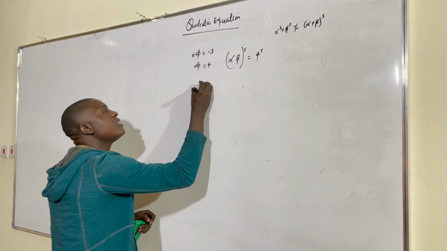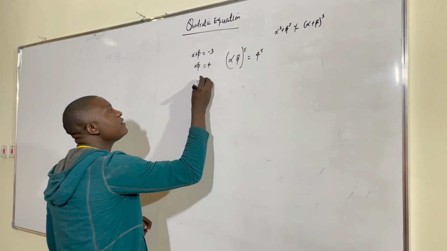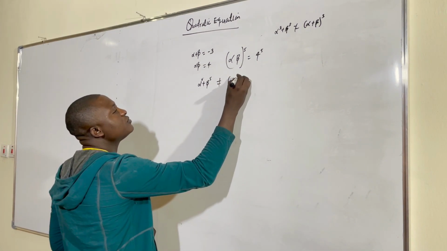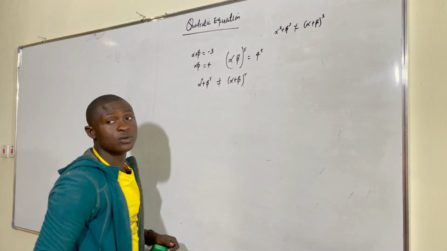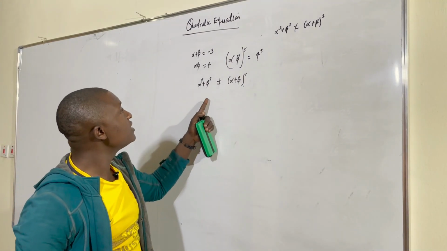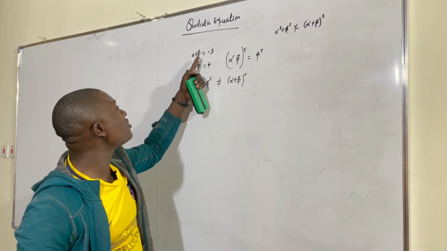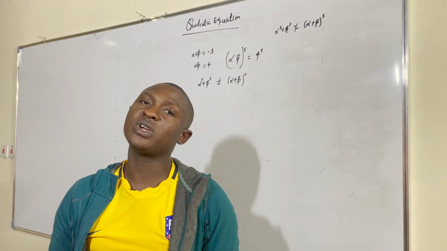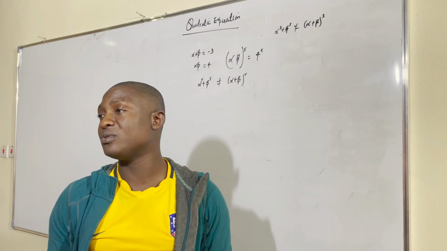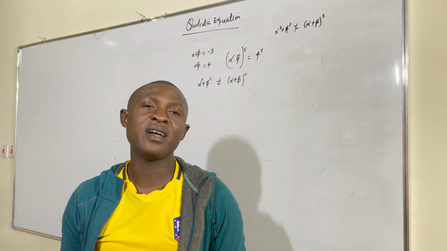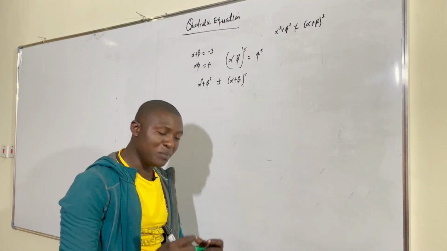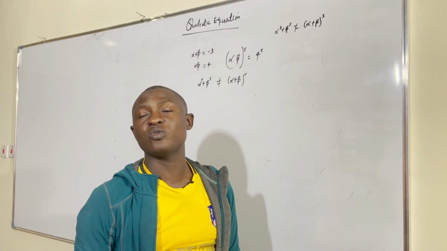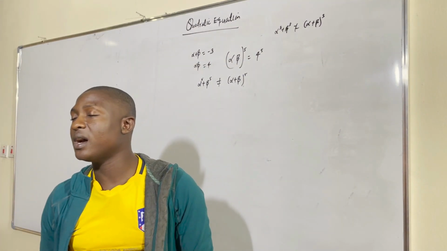But in the case of alpha 5 plus beta 5, please, it's not the same thing as alpha plus beta all to the power of 5. No. This is not the same thing. If you mistakenly put your alpha plus beta, which is minus 3, and raise it to the fifth, automatically you are going to get another problem. That will lead to another math crime, because we call it math crime. Maybe when you expand the term and you're trying to convert it back, if you don't get the result, that means automatically what you expanded is somehow wrong.